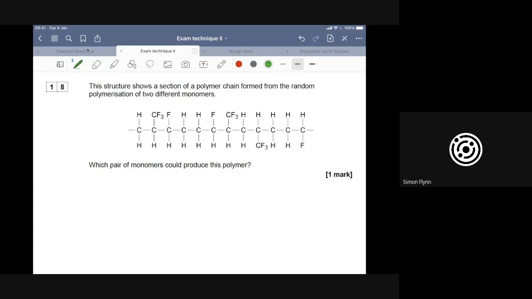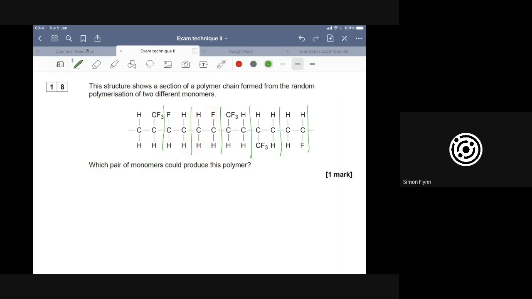So you could just go, okay, what if I draw my lines here? Do I clearly have 2 types of monomers? Well, that's the one with the CF3. And that's one with just F. And that's one with just F. So they're the same. Hold on a minute.